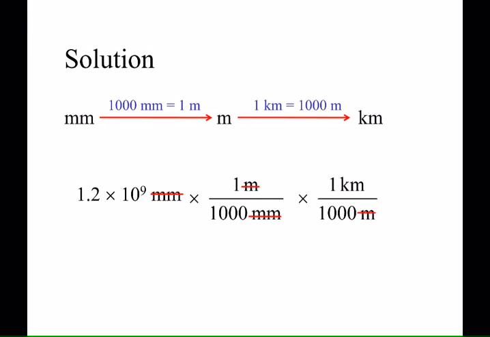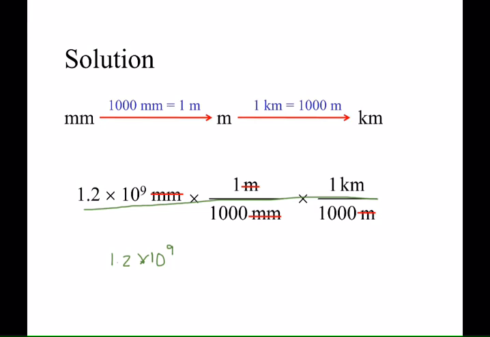How's that look? Okay, so it's all about the units. Now don't let something that looks straightforward, like staying within the metric system and those prefixes, throw you off. So what we have is 1.2 times 10 to the 9th. We talked about scientific notation, and we'll be talking more about scientific calculators in this week's lab.